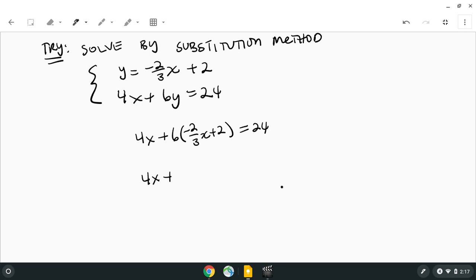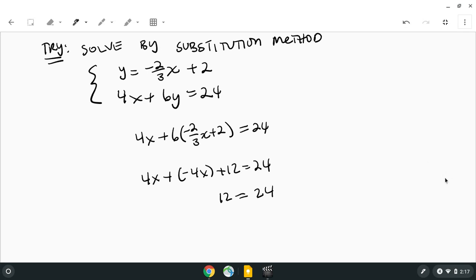So that's going to be negative 4x. And then when I distribute here, that's going to give me 12. Okay, and so here's that weirdness that happens. 4x plus negative 4x is 0. So I end up with 12 equals 24.